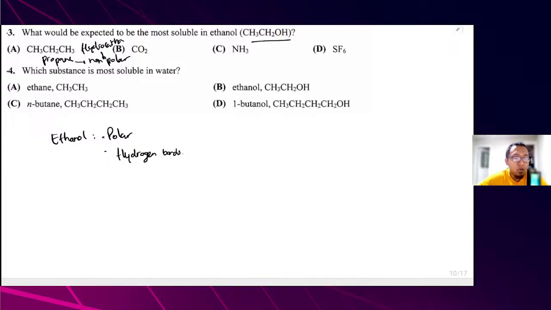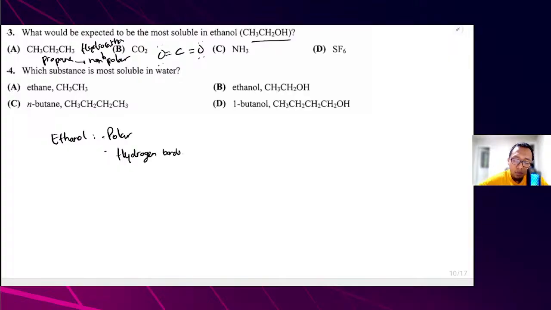And then how about CO2? CO2 is polar, right? Wait, CO2 is polar? No, CO2 is non-polar, kind of like this, linear and symmetrical.